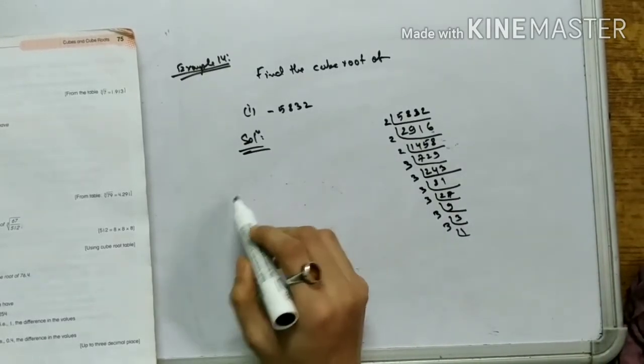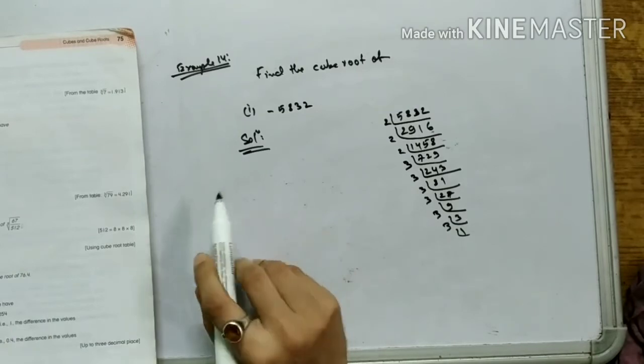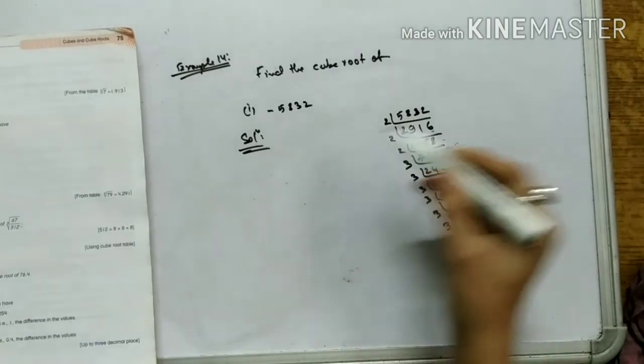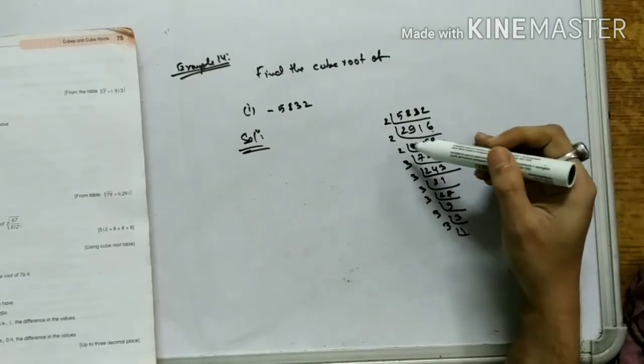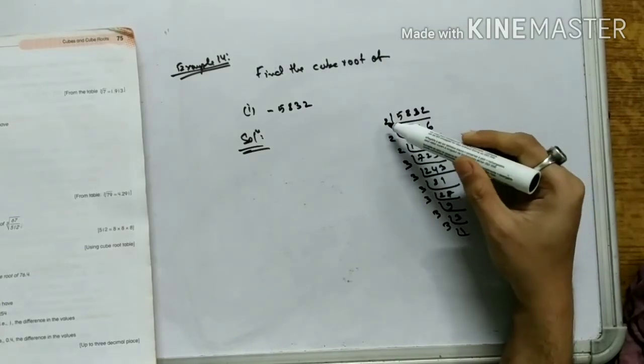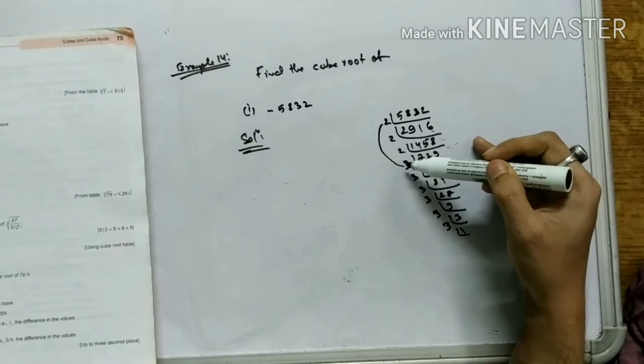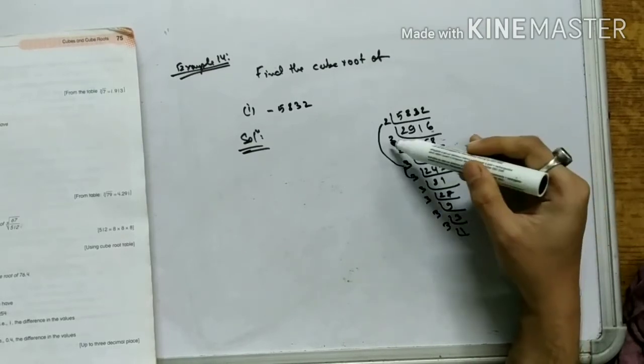So therefore, in here you see I can do 3 2s are 6, 6 3s are 18.